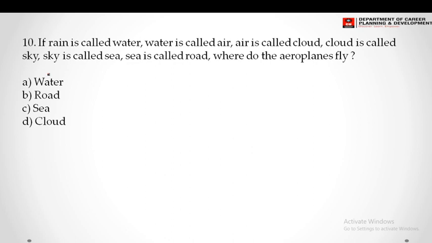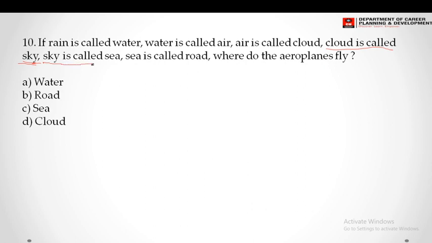So where do the aeroplanes fly? We know that aeroplanes fly in the sky. First is sky. So where is sky? Find out. Sky is given here, but in this question it is given that cloud is called sky.